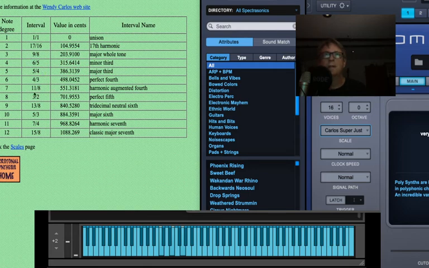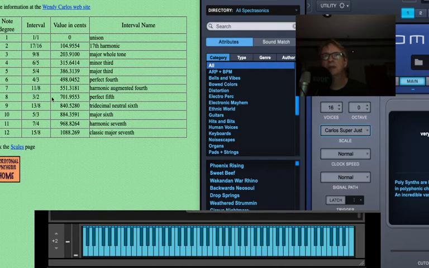Those are all what we call small ratio intervals that are very pure, and they don't beat with each other. Now, equal temperament is different from that. Basically, all tunings are compromises. Even 12-tone equal temperament is a compromise. We typically divide our octave into 1200 cents. In equal temperament, each of these steps would be exactly 100 cents, because it's 12 equal steps within the octave.